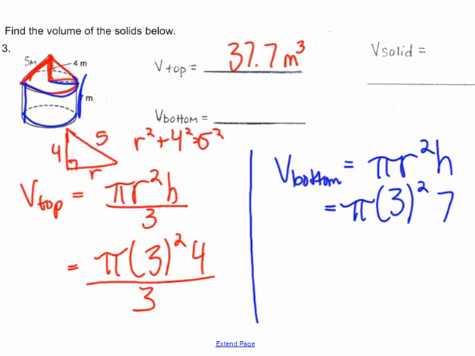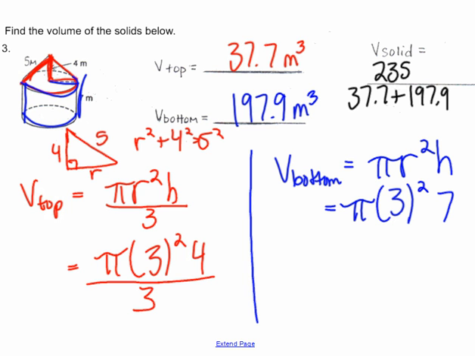So if I type all that in, I don't need to divide by 3 on that one. I get 197.9 cubic meters. So then to find the volume of the whole thing, it's like two on top of each other, so I have to add them. So I'm going to take 37.7 plus 197.9 to get 235.6 meters cubed volume.